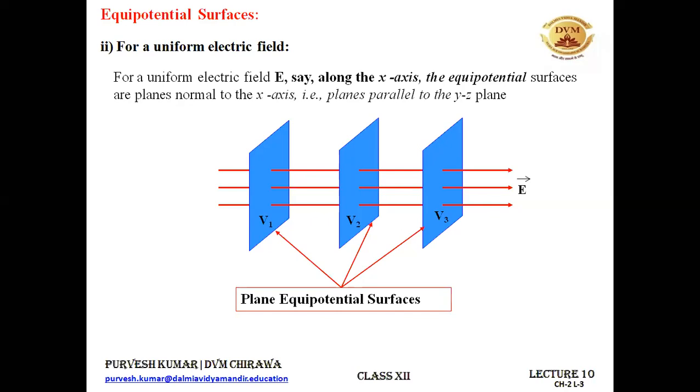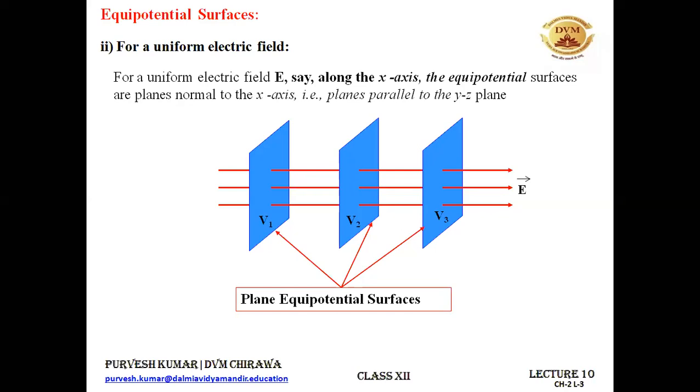One case we have discussed for the point charge, and the other case we have discussed for the uniform electric field. Two things that we have formulated out of this discussion. One is that the electric field is always perpendicular to the equipotential surfaces. Why so? We will discuss it when we discuss the properties of the equipotential surfaces.